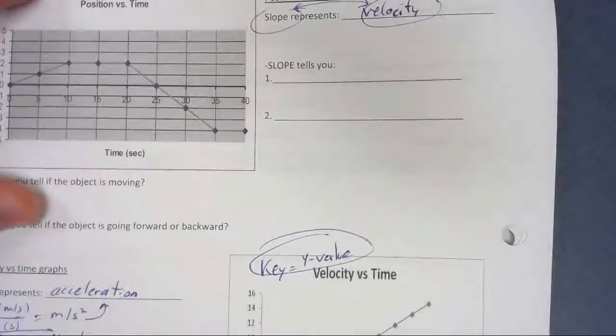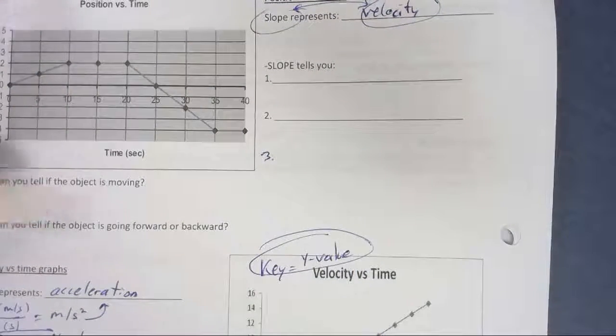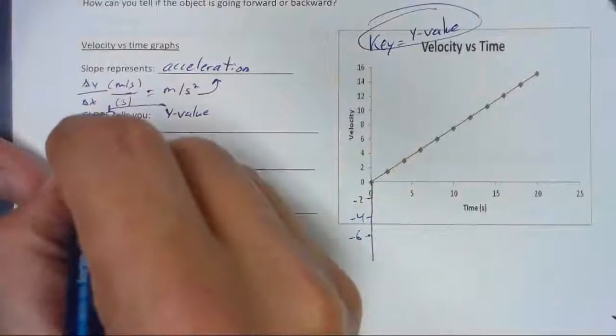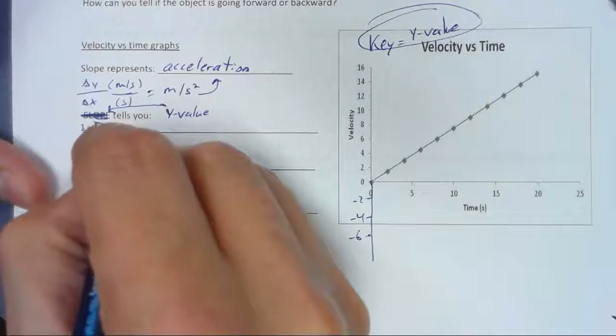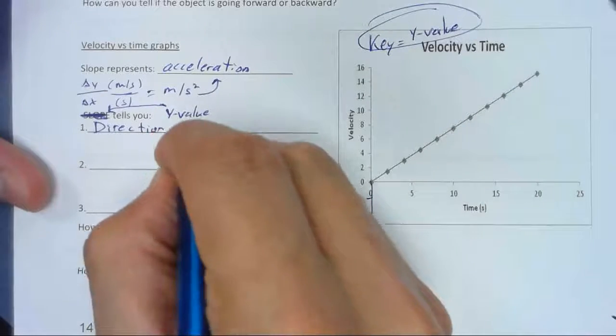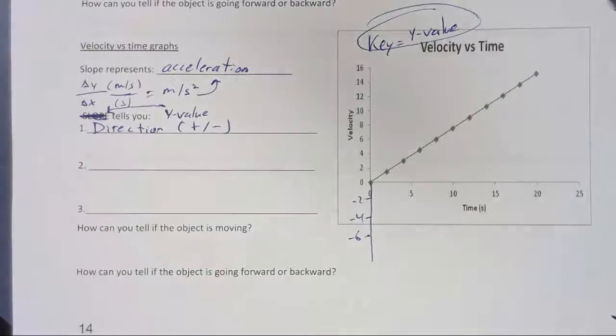Hint, hint. The slope gave us three important pieces of information for the position versus time graph. And they're actually the same exact pieces of information. So number one, the thing we can tell from the y value is the direction of motion. And I can tell the direction of motion based on whether the y value is positive or negative.